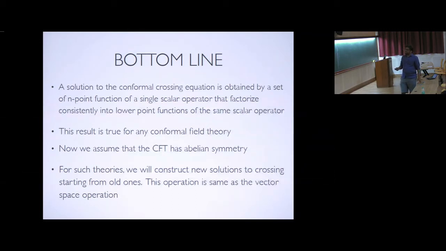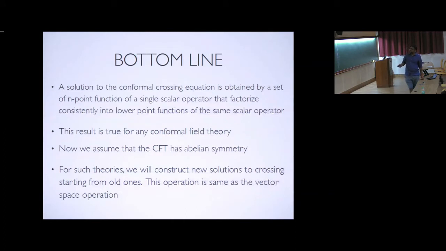And for such theories, I will show that this way of formulating the crossing equations works. So mind you, if you are able to construct this data, that means you are able to solve all crossing equations. That's what was shown just now. And now I will construct such solutions for CFTs that do have abelian symmetry.